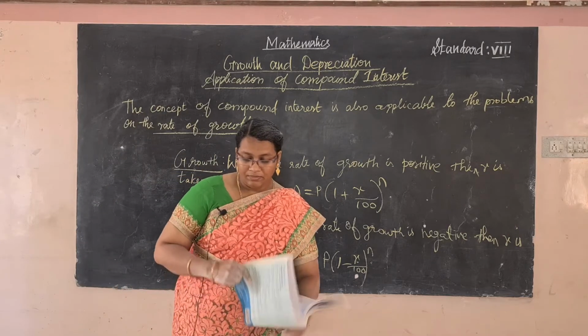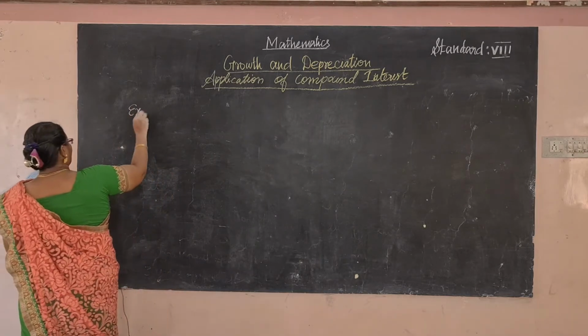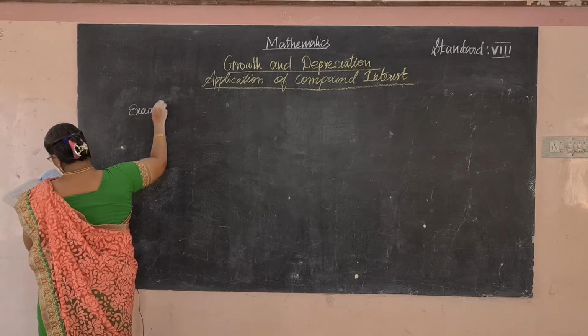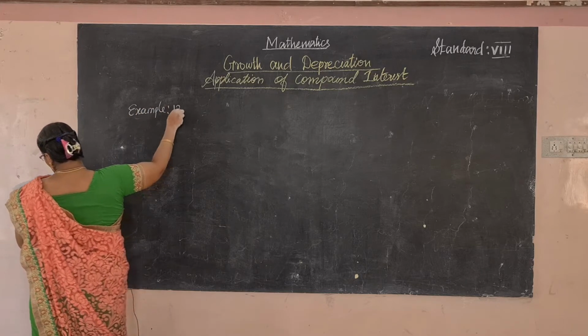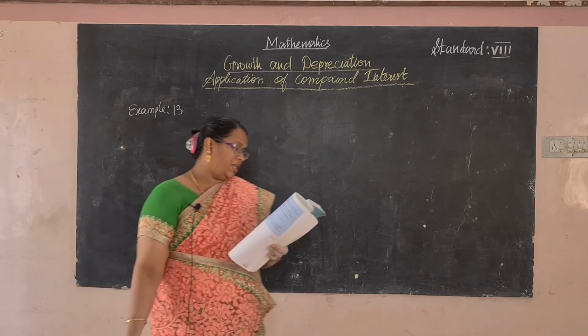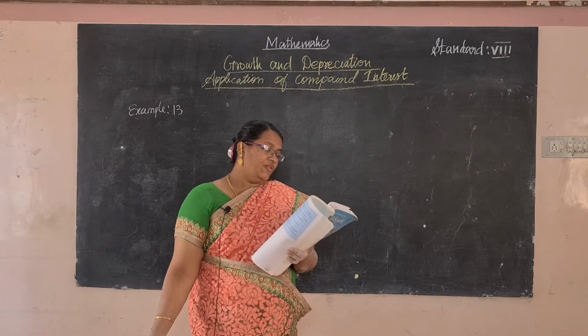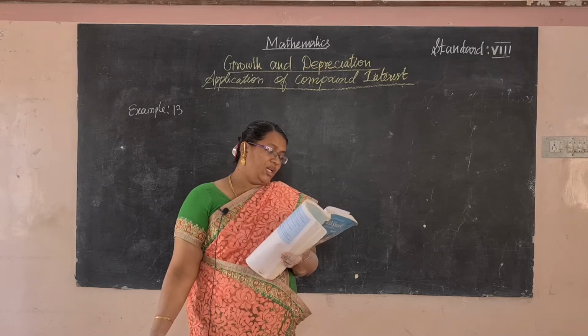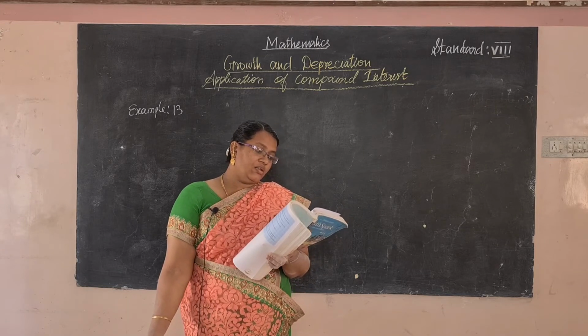Example 13. The value of a bike depreciates at the rate of 10% per year. If its present value is 65,000, what will be its value after 3 years?